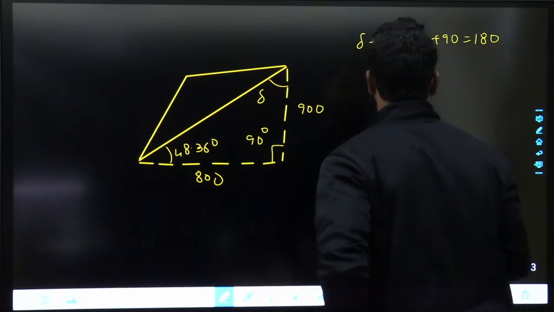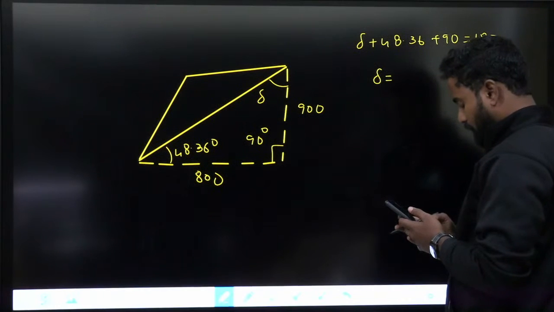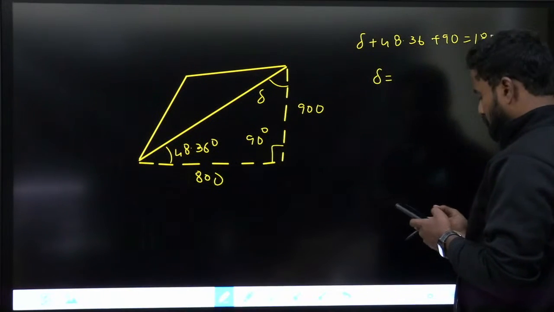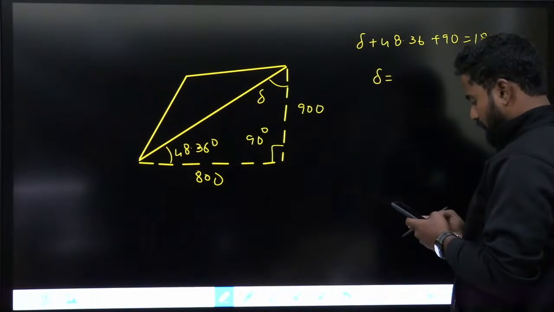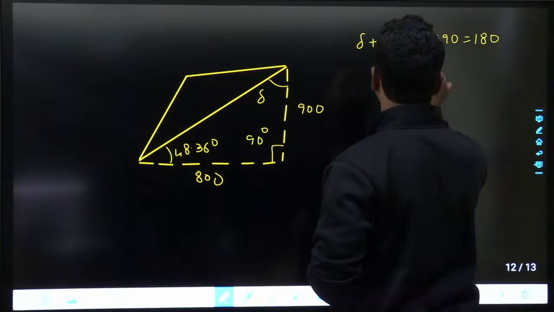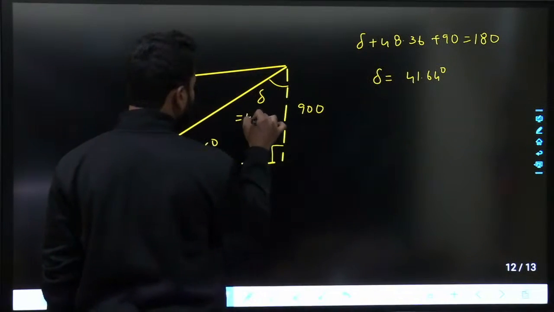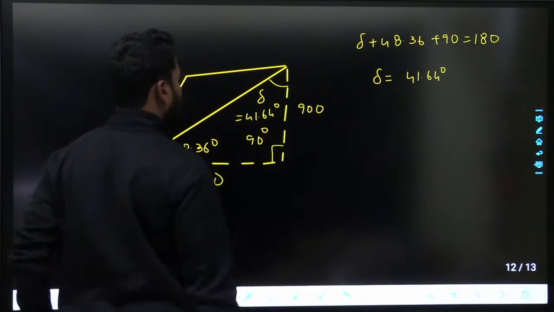Delta would be equal to 180 minus 90 minus 48.36. So this would be equal to 41.64 degrees. Delta is equal to 41.64 degrees.